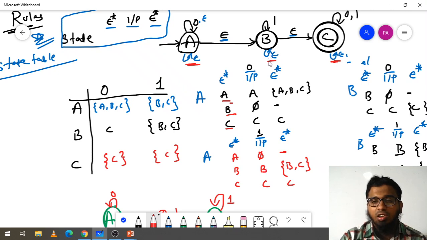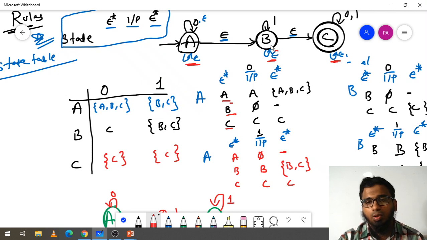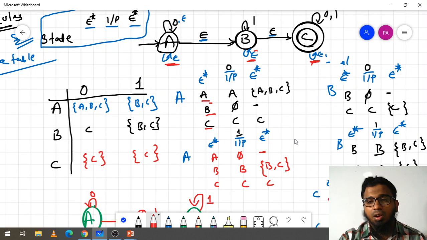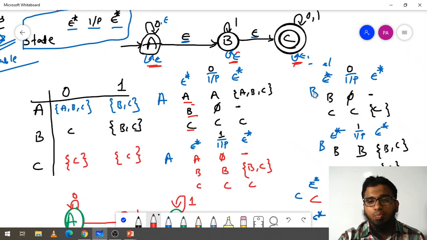B is going to itself on epsilon, as well as going to C also. So B comma C. Next, C closure. What is C closure? C only.